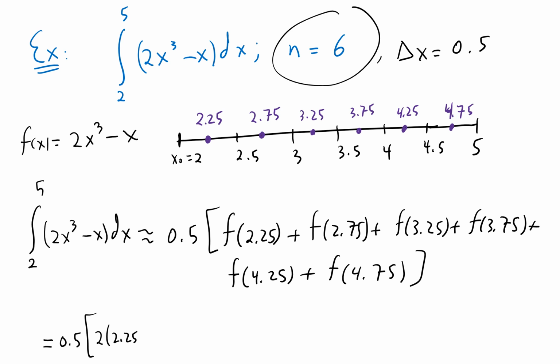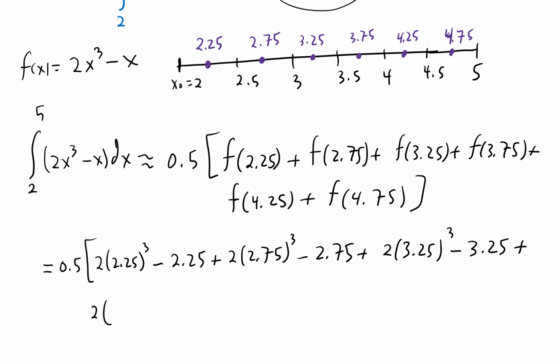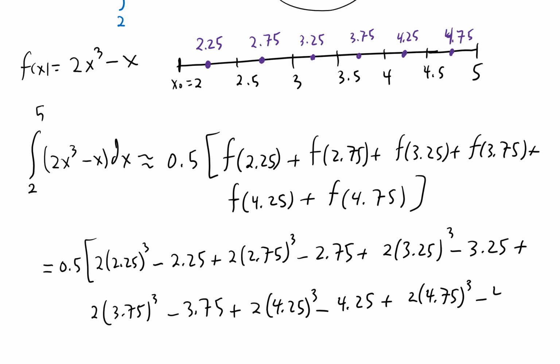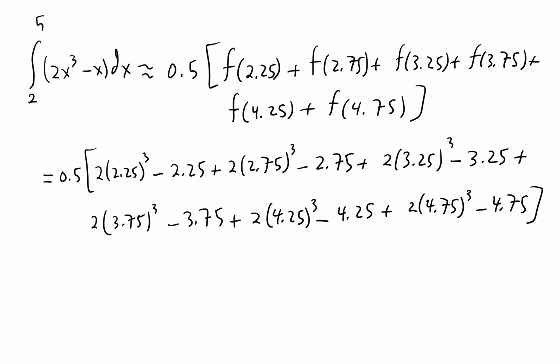So 2 times 2.25 cubed minus 2.25, 2 times 2.75 cubed minus 2.75 plus 2 times 3.25 cubed minus 3.25 plus 2 times 3.75 cubed minus 3.75 plus 2 times 4.25 cubed minus 4.25 plus 2 times 4.75 cubed minus 4.75. So the answer is 292.6875.